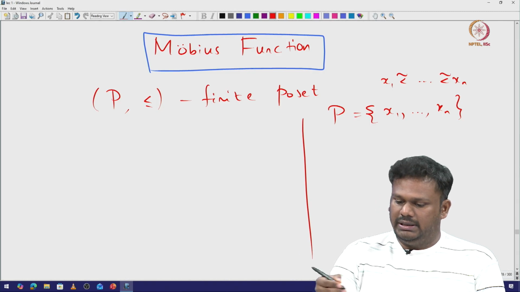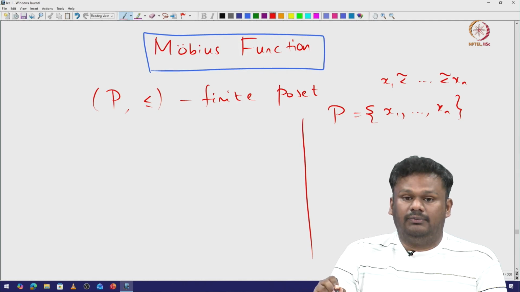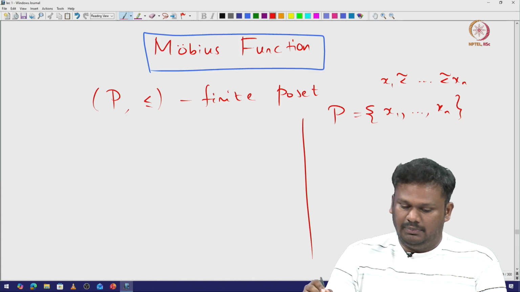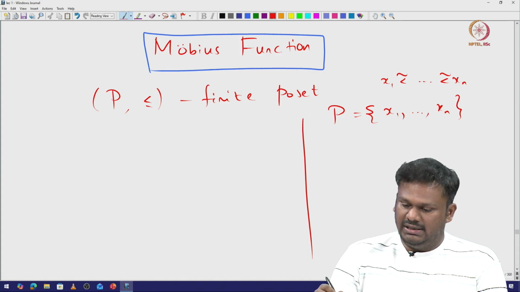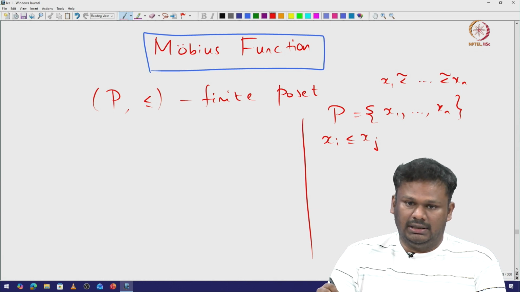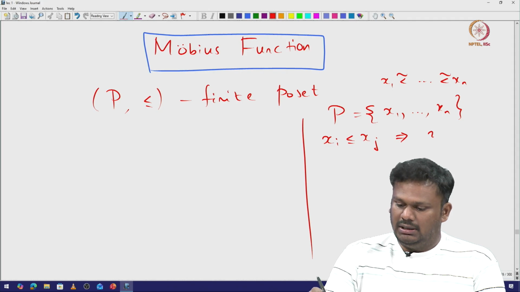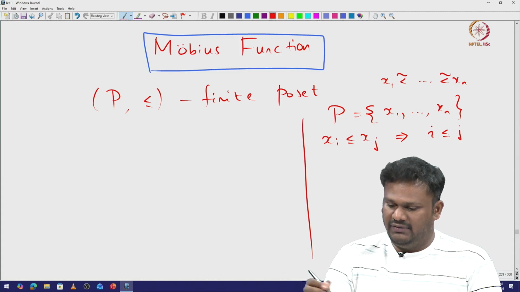Now this total order is called a linear extension of the given partial order on P if it satisfies the following condition. Whenever you have xi less than or equal to xj with respect to the partial order that we have on capital P, that should imply that i is less than or equal to j in the usual linear order that we have taken.